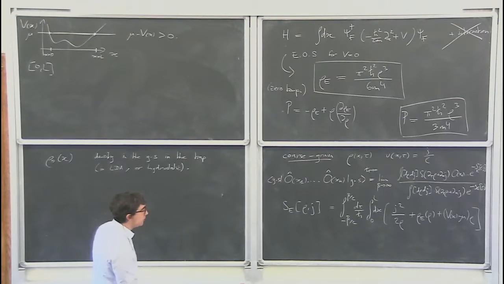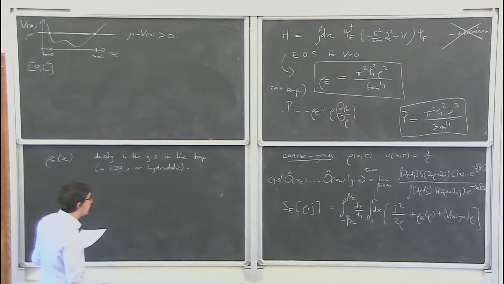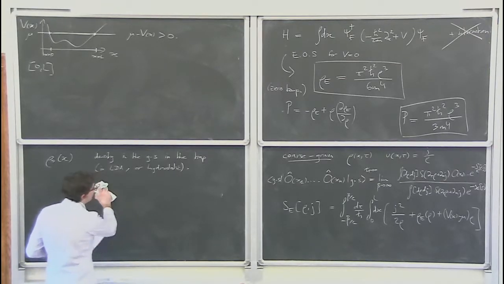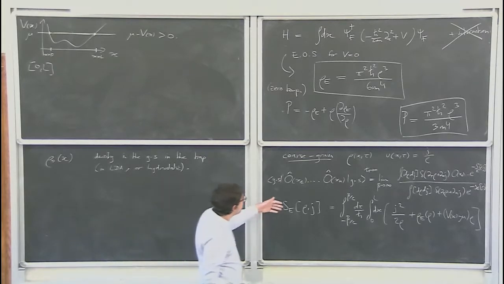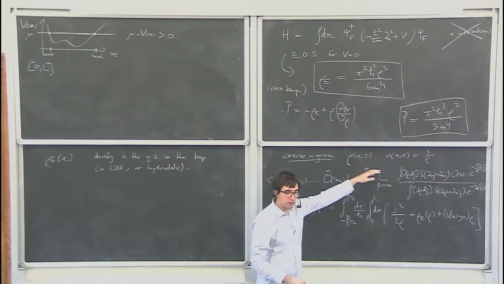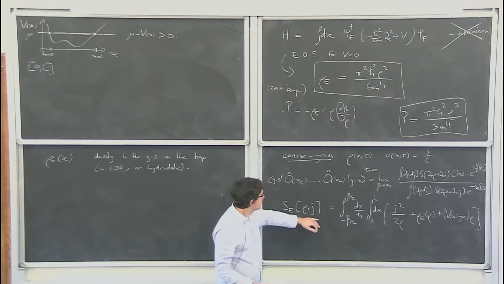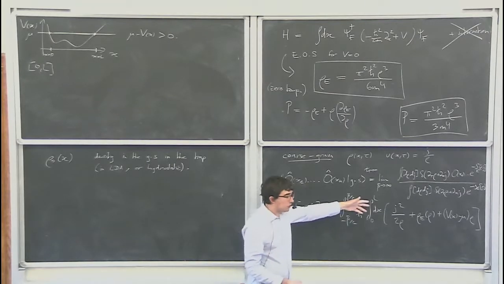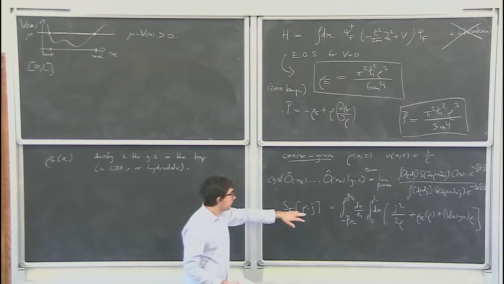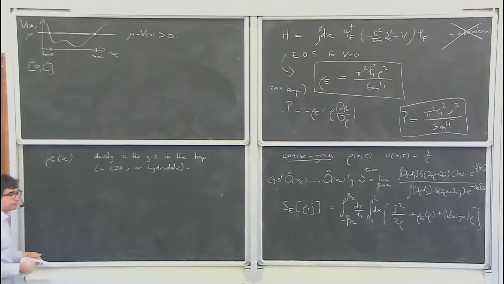Yes, but then we will expand to second order around this. So that's right, in principle there should be an additional constraint that rho should be positive and so on, because otherwise this is not really a physical configuration. But of course, what we are going to do is just consider small fluctuations around the classical solution, which is this one, and so then there will be no problems.